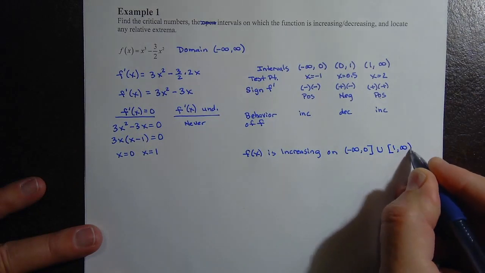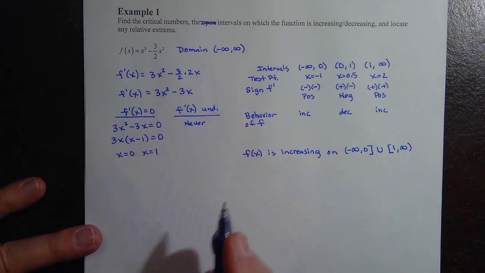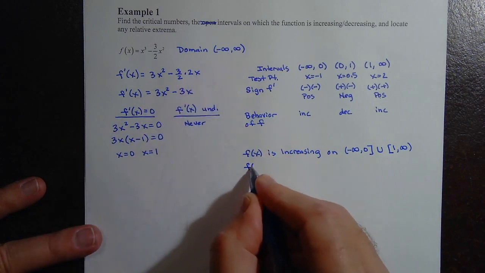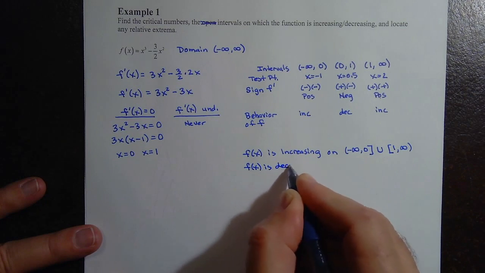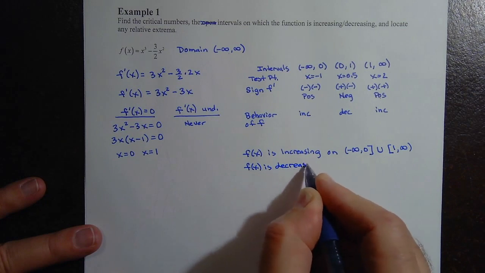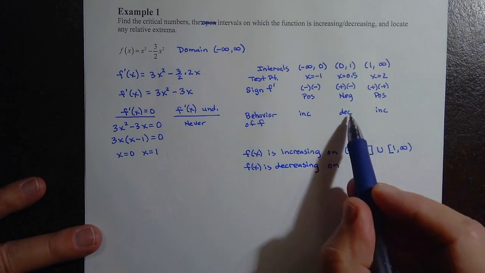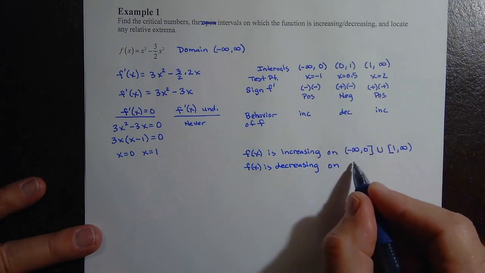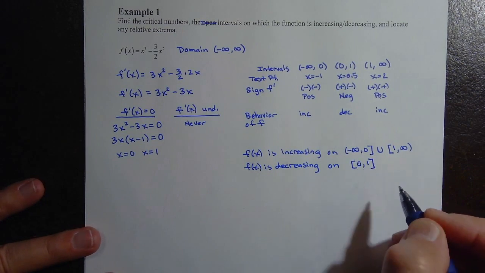And we can say that because both 0 and 1 are in the domain of this, okay? And then we could say f of x is decreasing on this interval right here, and it would be including 0 to 1, okay?